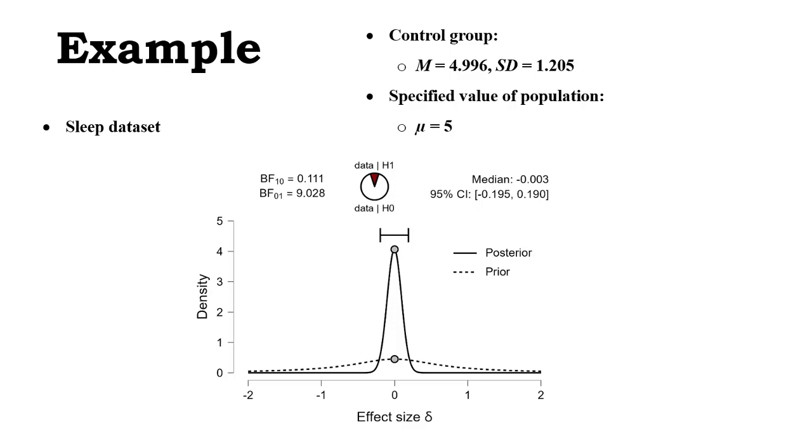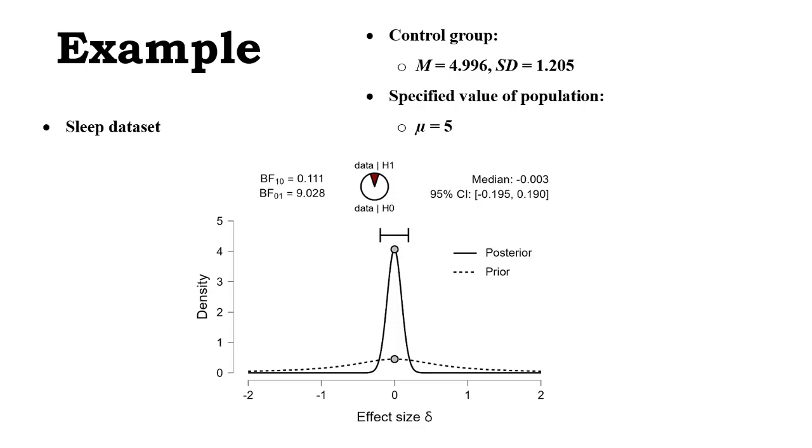So here we've got the graph of the posterior distribution of the alternative model. We've got the prior distribution, which is the Cauchy distribution with 0.707, and then the posterior distribution, which is more concentrated around 0.